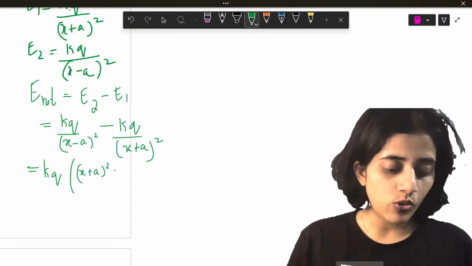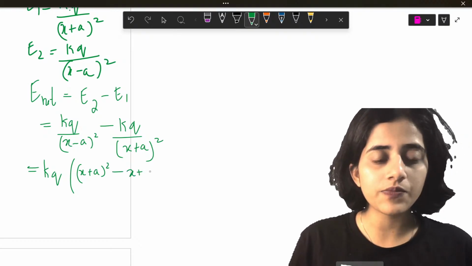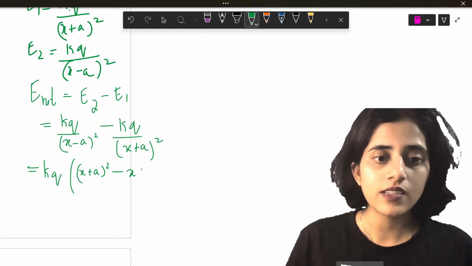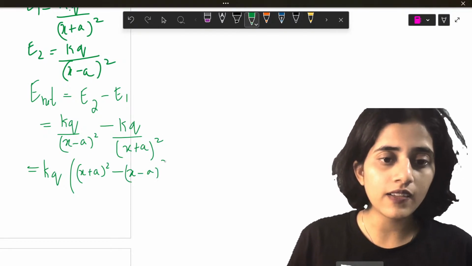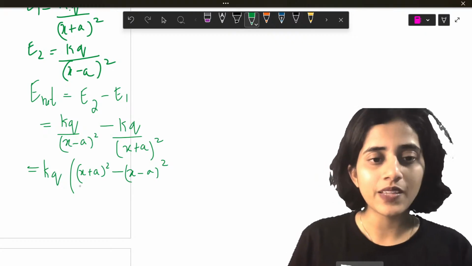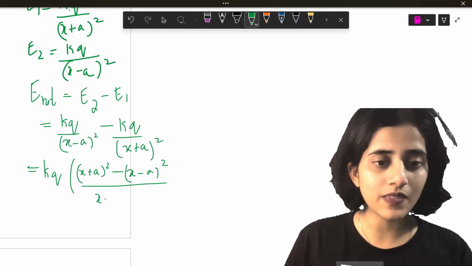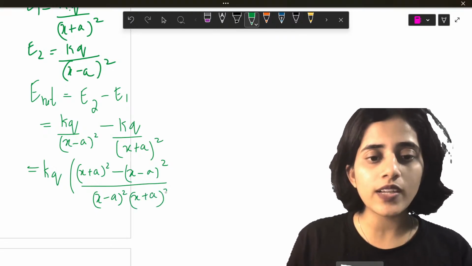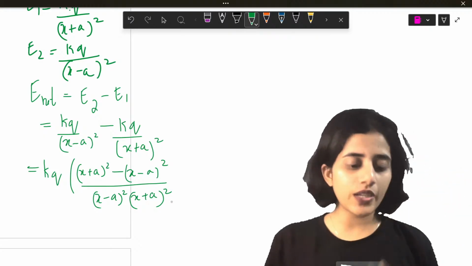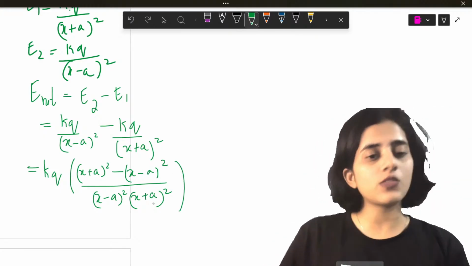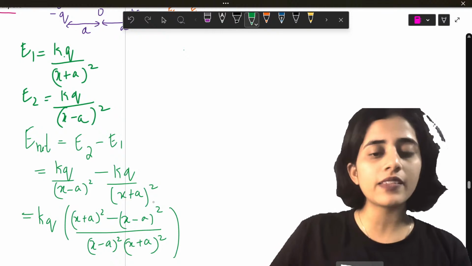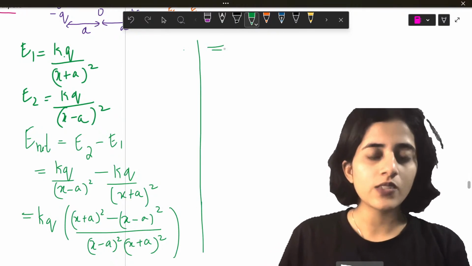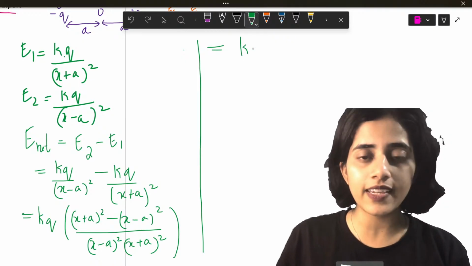X plus A the whole square minus X minus A the whole square, the whole divided by X minus A square into X plus A square. Okay? This is what it is. Now we can do the math. So this is going to be equal to KQ.